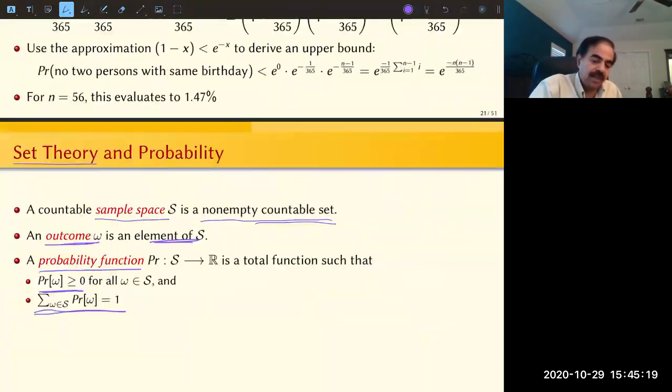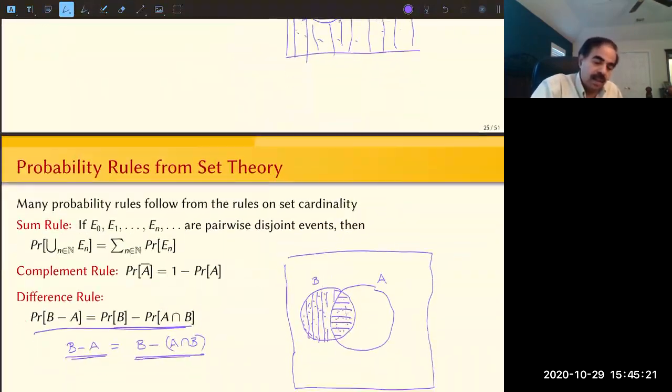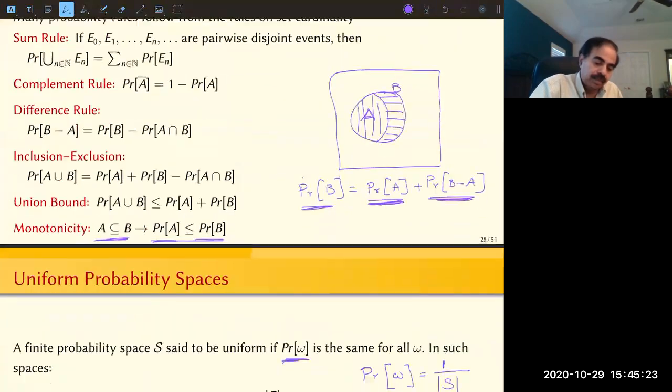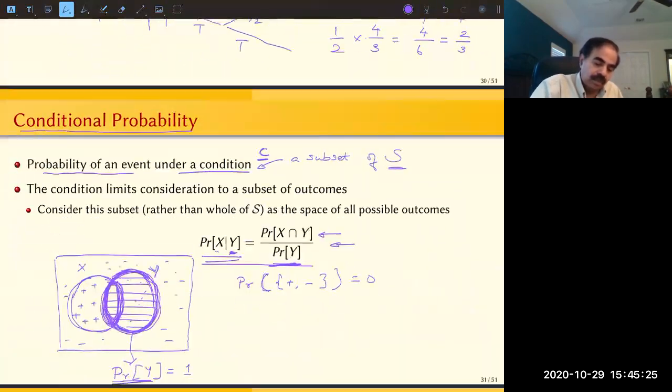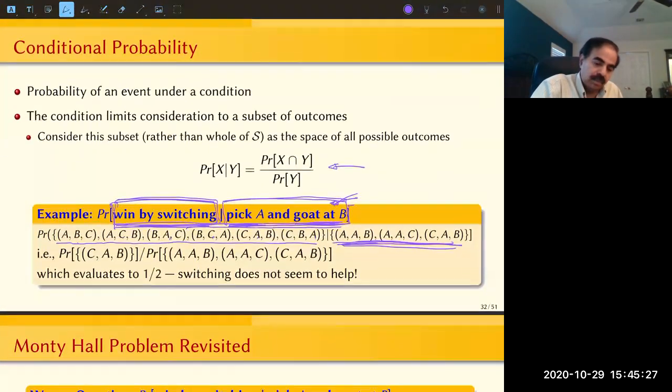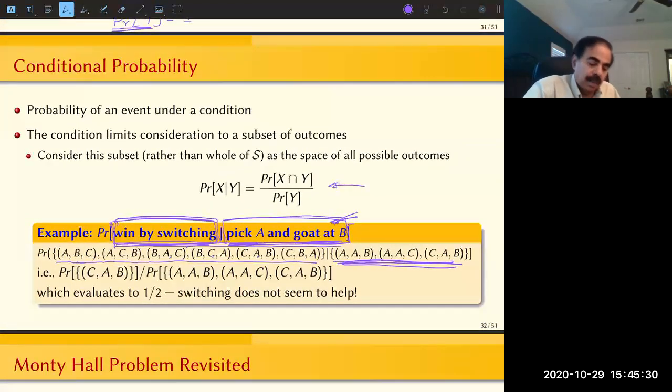Okay, so let's go back to where we were. Now I took those 6 outcomes where you win by switching and asked what is the probability of these 6 happening, given that these are the ones that are true.